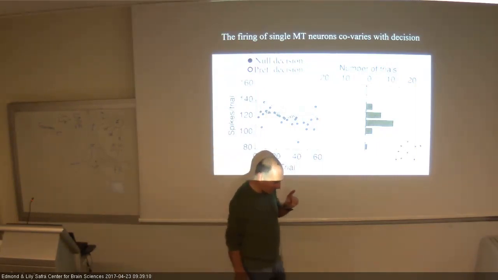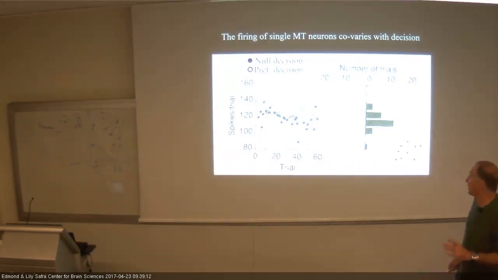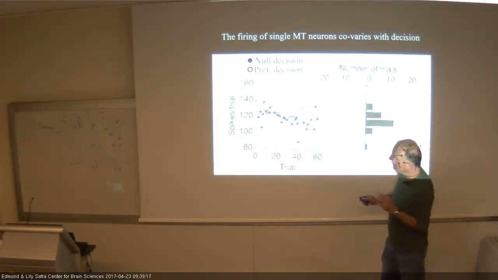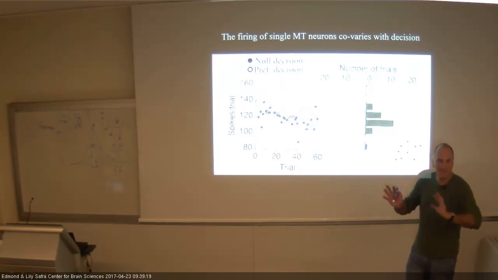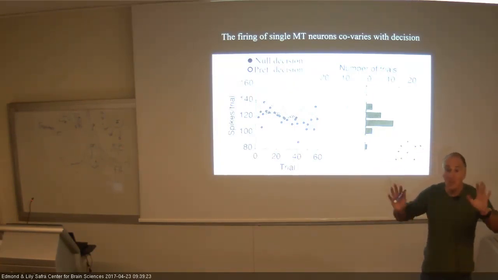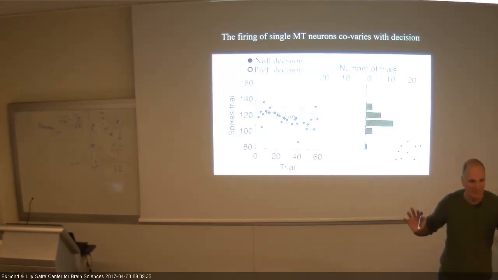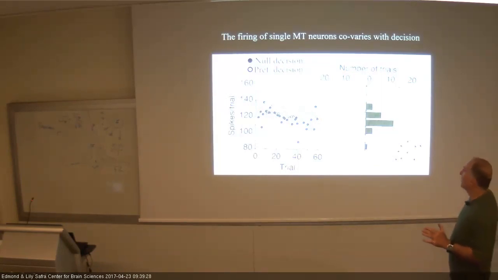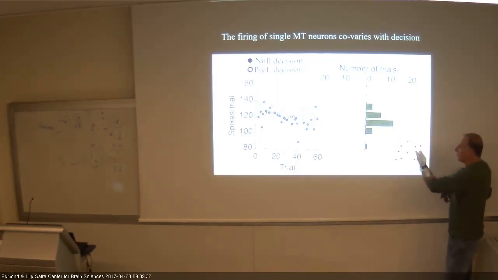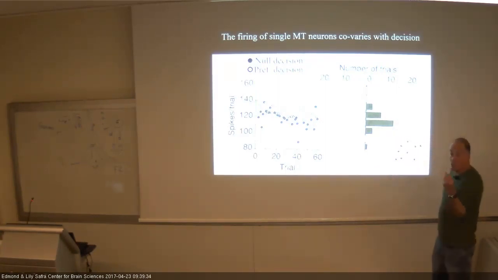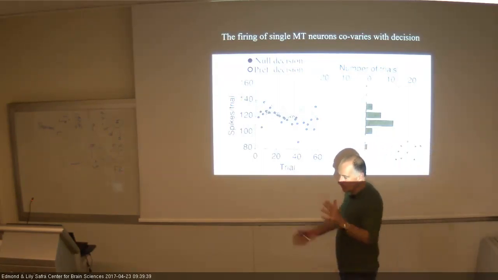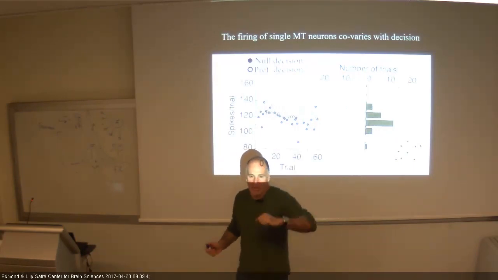Another thing that I want to draw your attention to is another behavior. Remember that the monkey is given stimuli of different coherence levels, and sometimes he's given stimuli which are completely random. We call them zero coherence level. In that case the motion is completely random, but we can sort the data according to the monkey's decision. So he sees random motion, but this one's upwards.